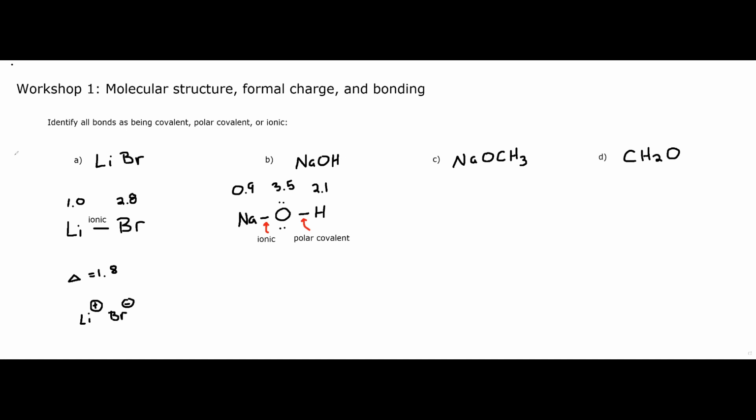Okay, I'm going to write our cutoffs here just so everyone remembers. From 0.0 up to 0.5, this is the nonpolar covalent. From 0.5 up to 1.7, that is going to be the polar. And then above 1.7 is ionic.